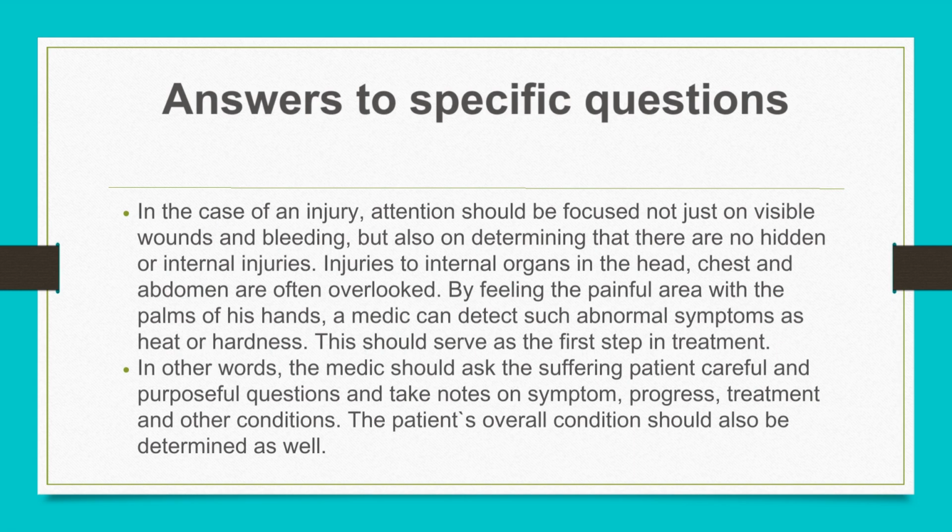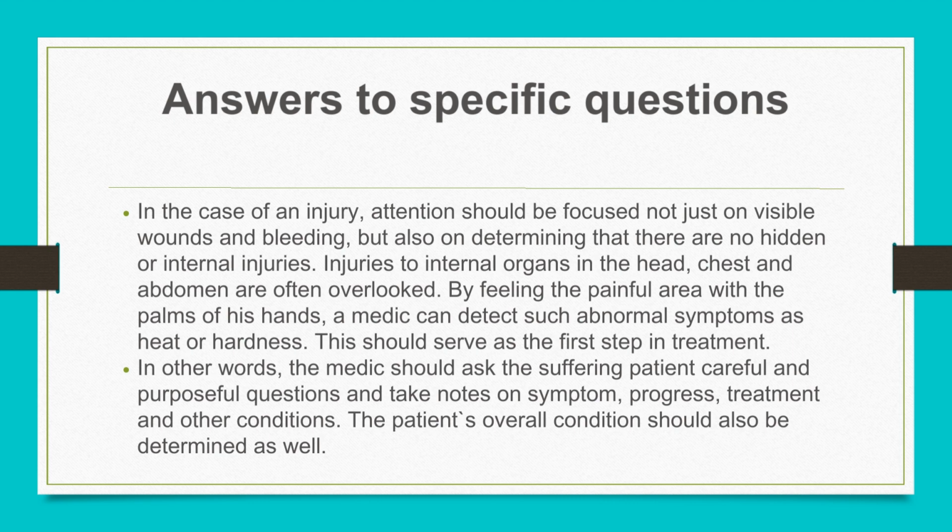Answers to specific questions. In the case of an injury, attention should be focused not just on visible wounds and bleeding, but also on determining that there are no hidden or internal injuries. Injuries to internal organs in the head, chest, and abdomen are often overlooked. By feeling the painful area with the palms of his hands, a medic can detect such abnormal symptoms as heat or hardness.